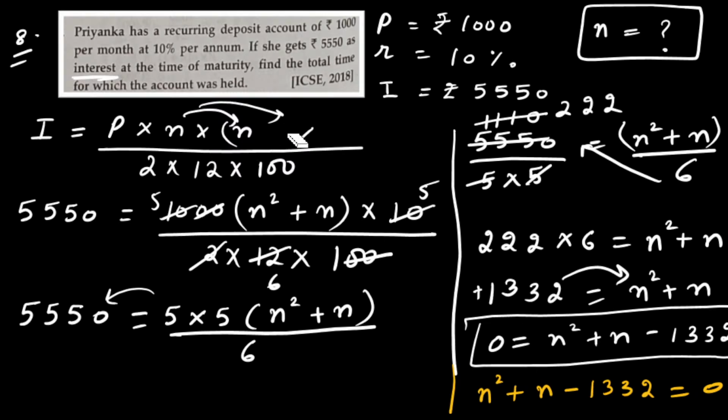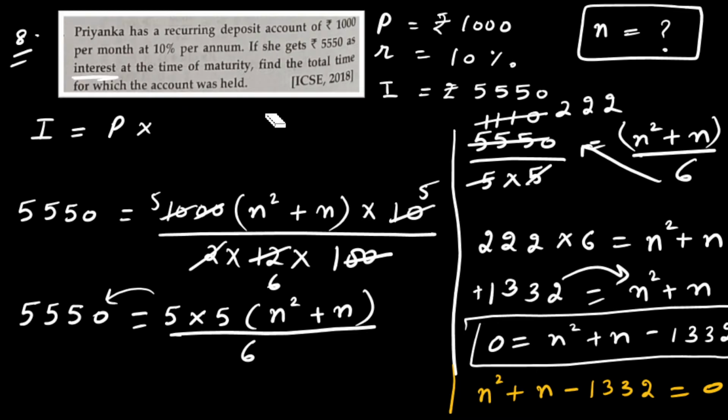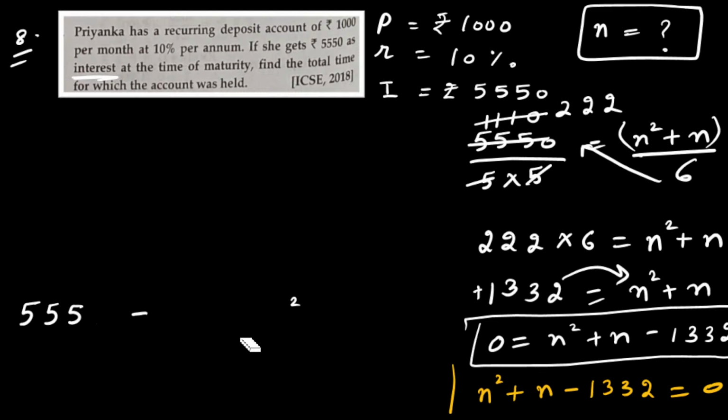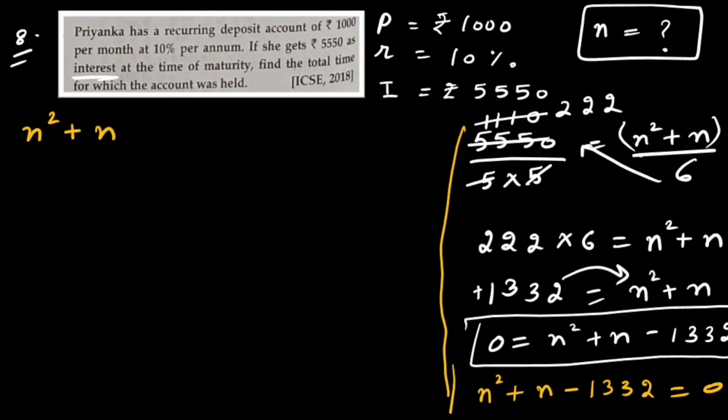Now let's solve the quadratic equation. Whenever we are solving a quadratic equation, we will get two answers. So what are the factors? Navya has given the factors plus 37 and minus 36. So the quadratic equation is n square plus n minus 1332 is equal to 0.